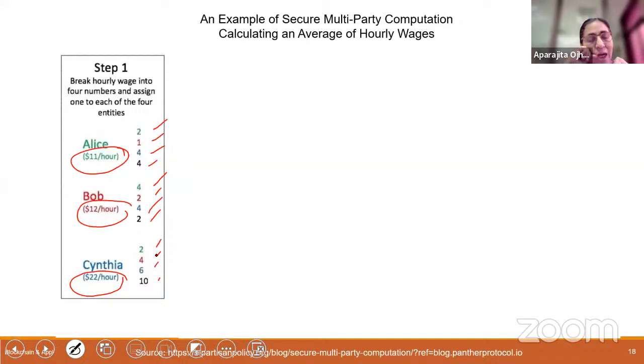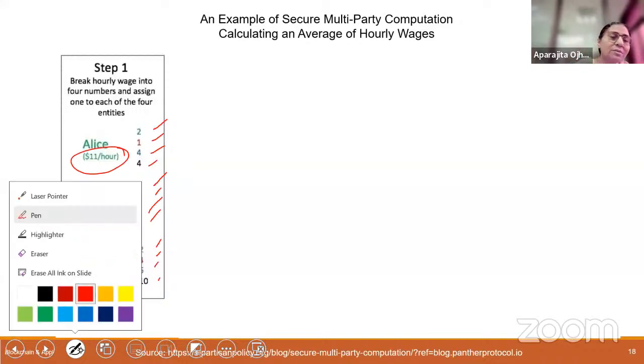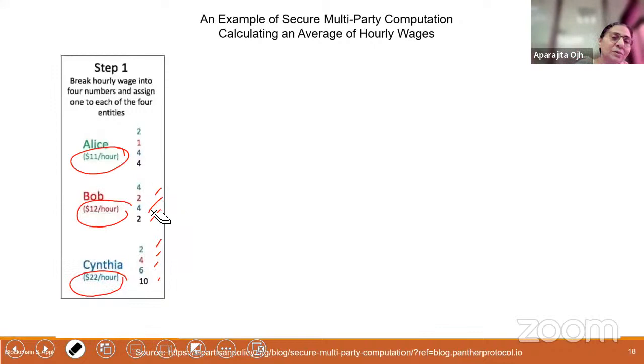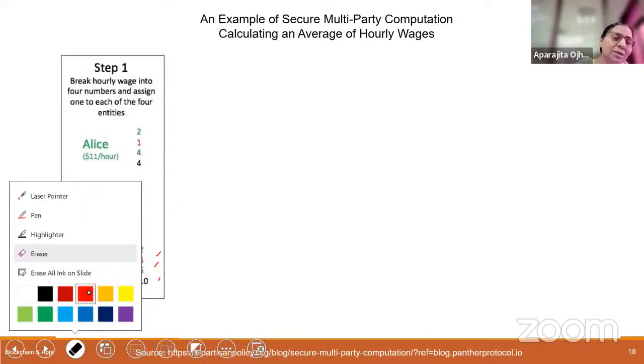Now what they will do, they will use a trusted third party to calculate. This trusted third party is basically your contract, a program written to find out the average salary.